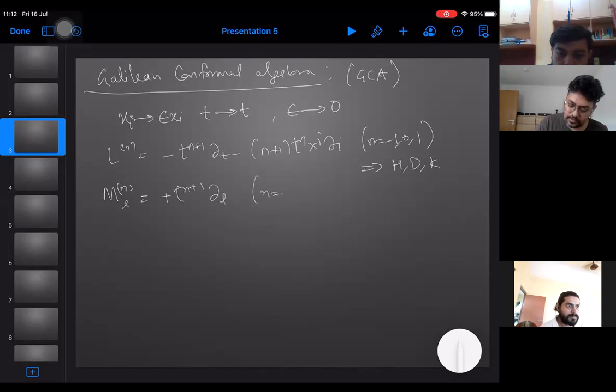Again, for n equal to minus 1, 0, and 1, this corresponds to the spatial translation, the boost, and again the special conformal transformation, the spatial part. And also there are the G_ij, which are simply given by this.